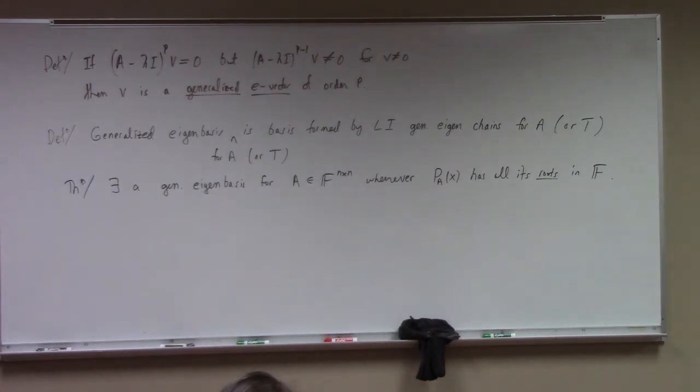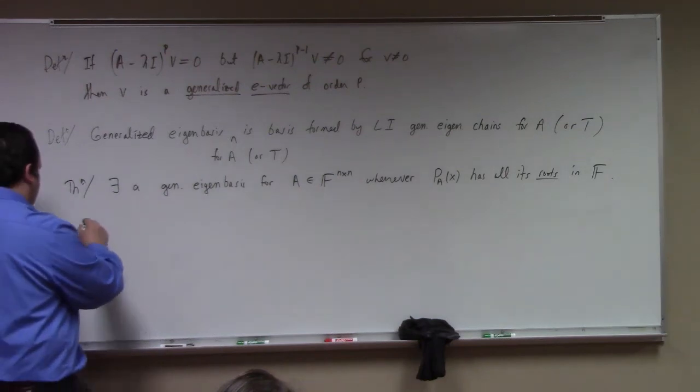So that's not always the case. The rotation matrix we looked at last time had imaginary roots, so it didn't have real eigenvalues despite the fact it was a real matrix, right? So the Jordan form is a little bit special in the sense that we need all of the eigenvalues to lie in the field.